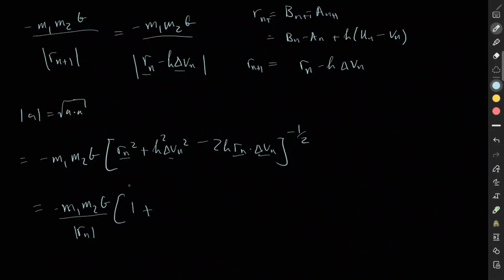So actually we're going to rewrite this in a more practical form, so we can use the binomial expansion, really, basically Taylor expansion.